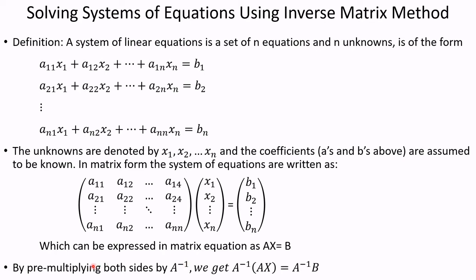By pre-multiplying both sides by A to the power of minus 1, that is the inverse matrix, on the left side as well as the right side, we get A inverse into AX equals A inverse B. These things will be explained in detail further while solving numerical problems.